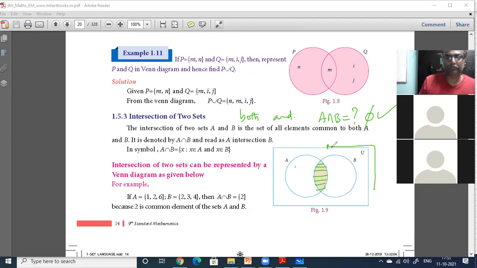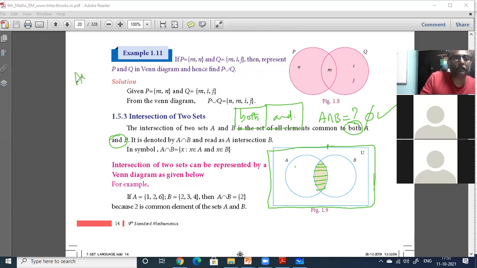In this diagram, A intersection B is given as an overlapping set and not as a disjoint set. So how do you define that? The set of all the elements that are common to both A and B. That's why I said both A and B. A union B is what?